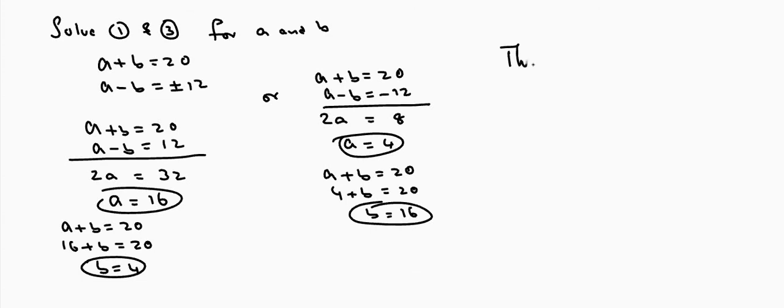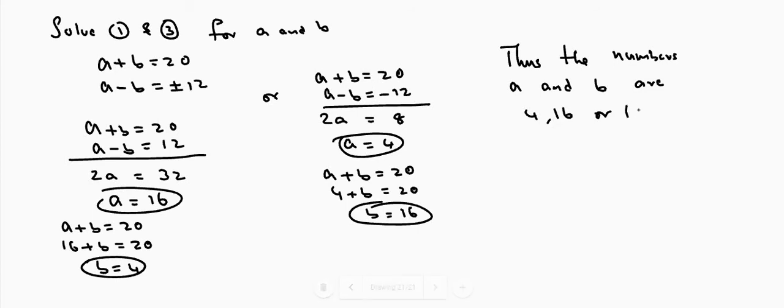Thus, the required numbers a and b are 4 and 16, or 16 and 4 respectively. Okay.